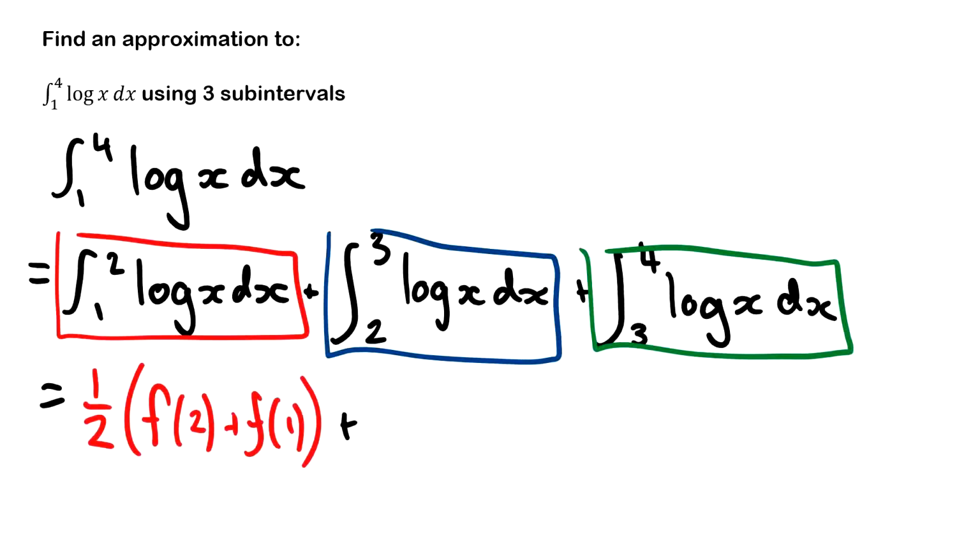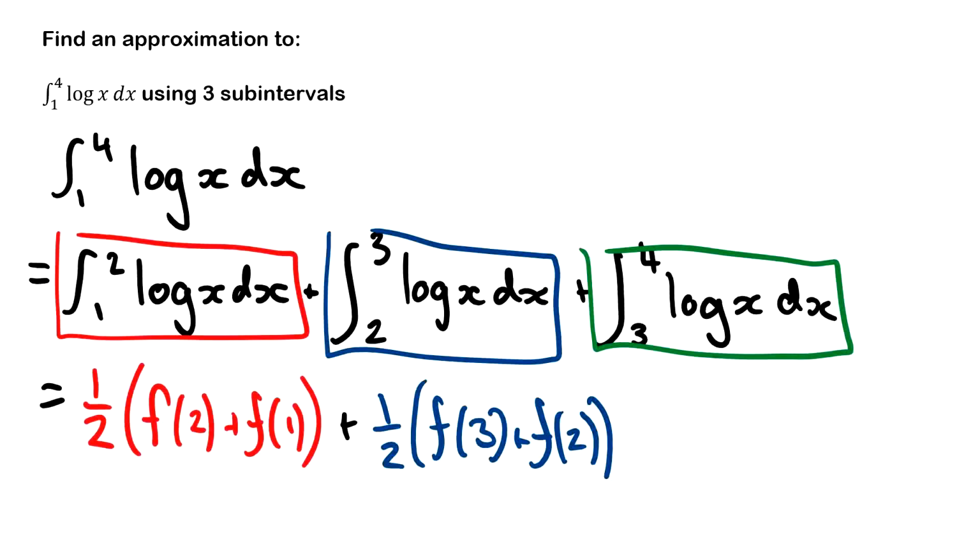We then focus on our next ones, and we get 1 over 2 times function 3 plus function 2. And then the last one in green, 1 over 2 times function 4 plus function 3.